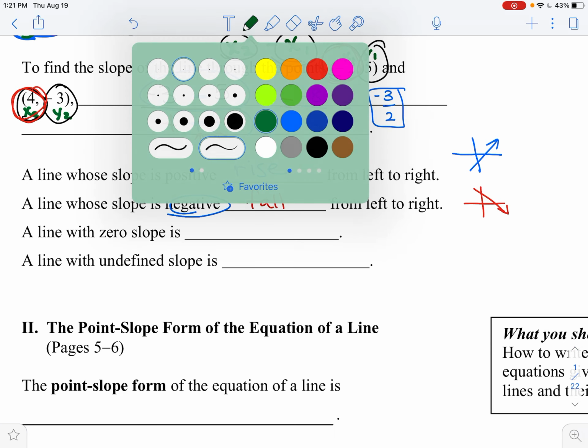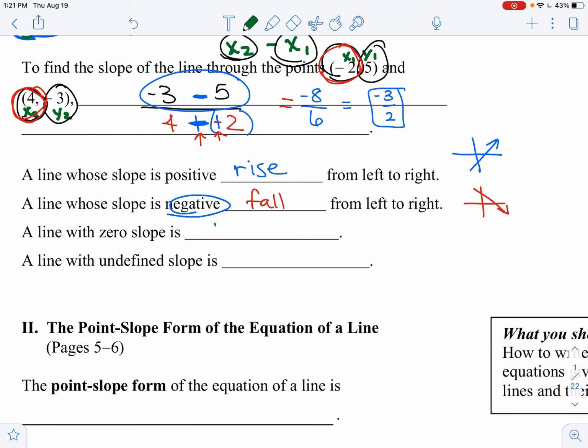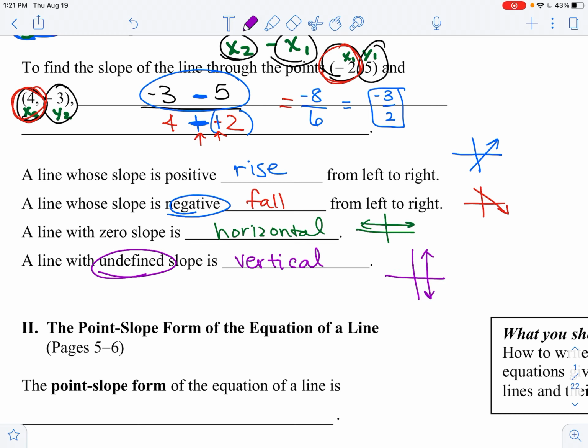A line whose slope is 0 is going to be perfectly horizontal, where it looks like a perfectly straight line parallel to the x-axis. And a line with undefined slope is perfectly vertical. And if you have this, the line will be perfectly vertical parallel to the y-axis.